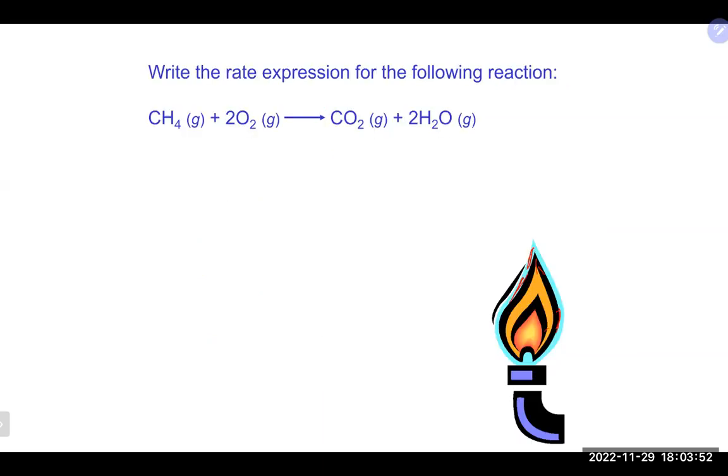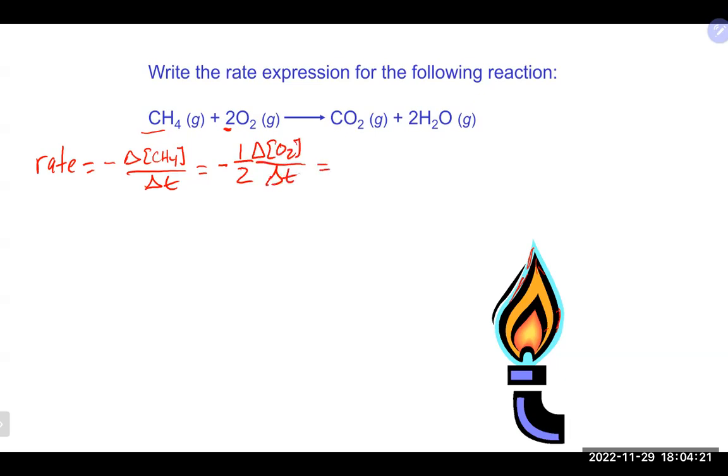Okay, so let's take a look. The rate here would equal, starting with our first reactant, negative the change in concentration of CH4 over the change in time. The coefficient is 1, so we don't need to worry about the 1 over the coefficient. That would equal our second reactant, which should also be negative, but it has a coefficient, so that would be negative 1 over 2, the change in the concentration of O2 over the change in time.